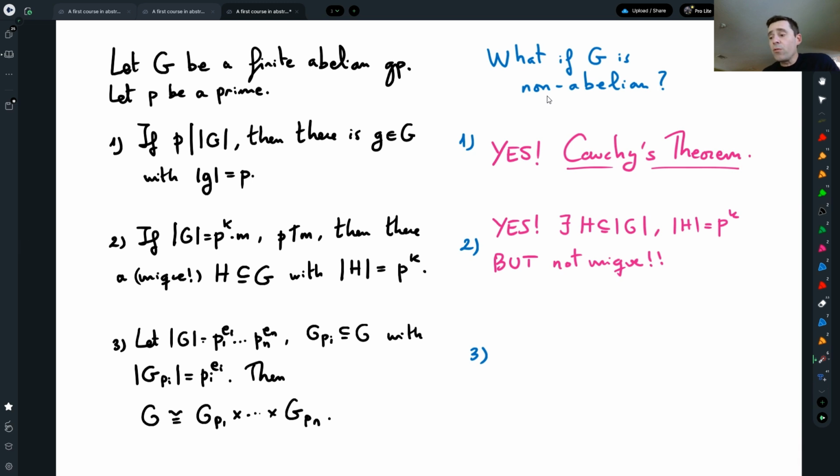The last part that we used in the finite abelian case was the following. If the factorization of the order of G is these prime powers, then by the previous result, there are these groups with prime power order, which are the p-primary components, and then we proved that G is a direct product of all those groups.